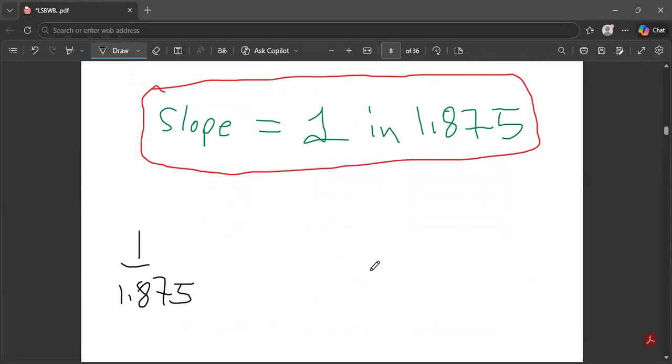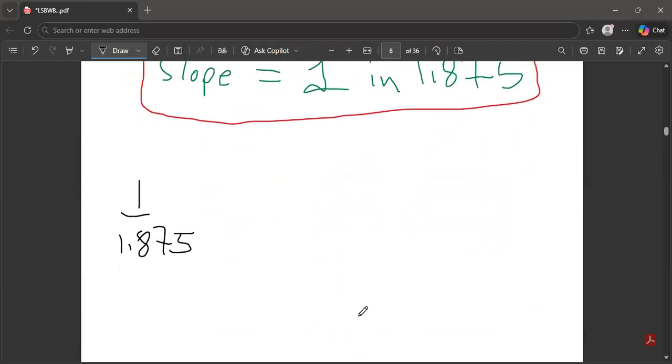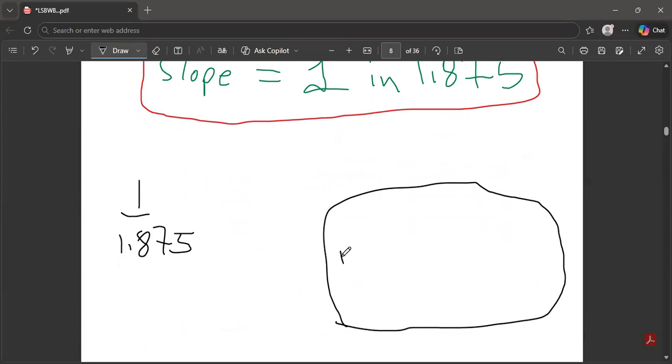1.875. What did we say about gradients? We said that gradient m is equal to the rise over run times 100.